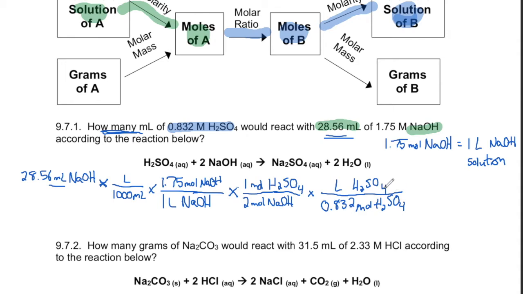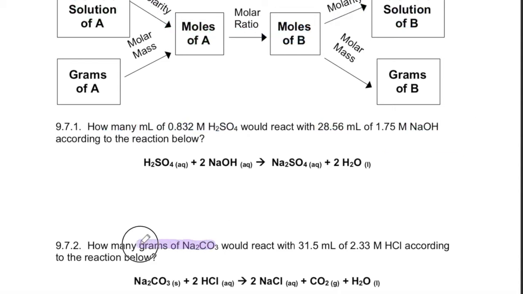If we wanted the volume of sulfuric acid solution, we could stop here. We do want it in milliliters, so let's just put one more step here. And we end up with 30.0 milliliters of sulfuric acid solution. Our original volume had 4 significant digits, but these concentrations are only known to 3, so I rounded it down to 3.